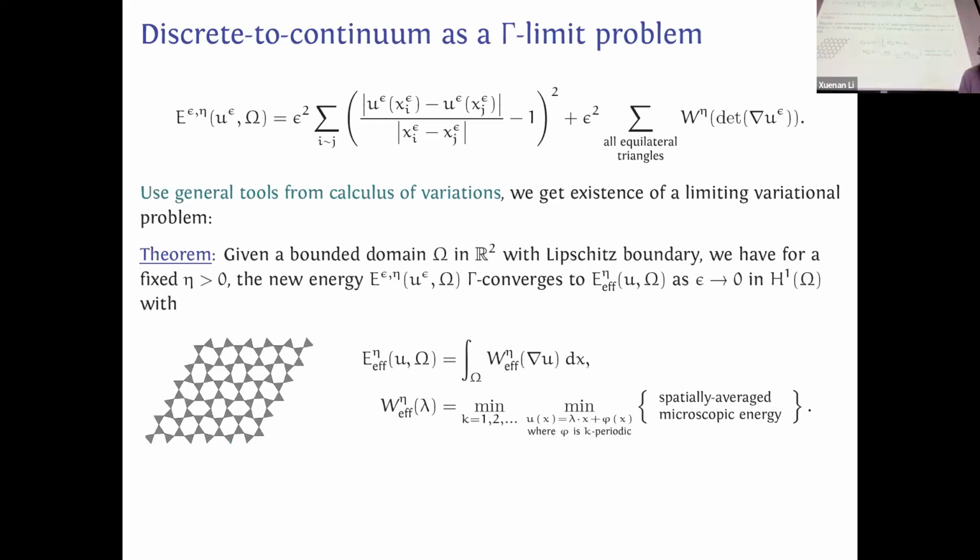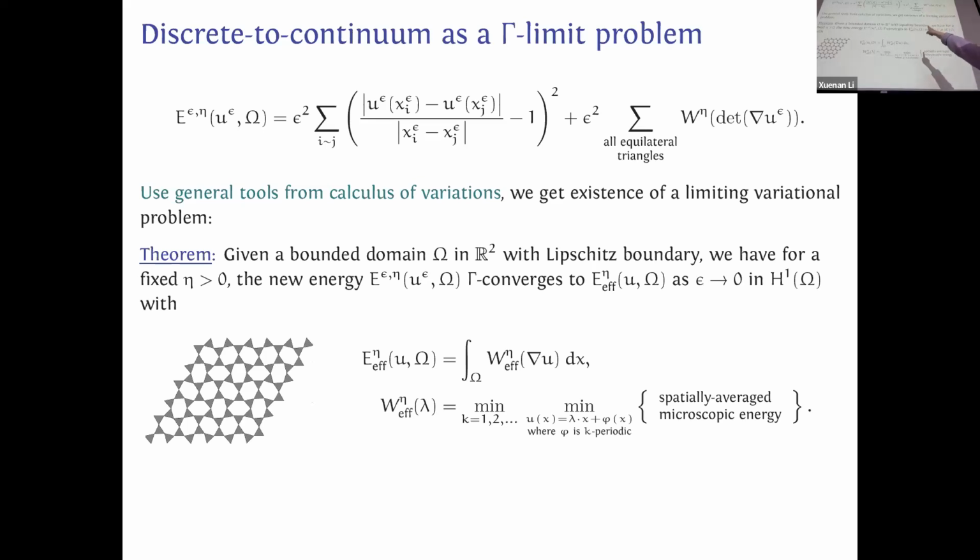The first thing is, as epsilon goes to 0, we need to make sure that the effective energy exists. That's my energy. And here, this is the part I omit. Using some general tools from calculus of variations, we can say that as epsilon goes to 0, the gamma convergence holds. I didn't show you the proof, but this can be proved.